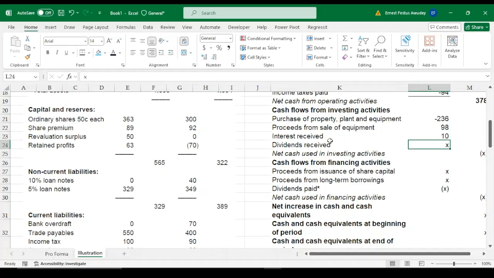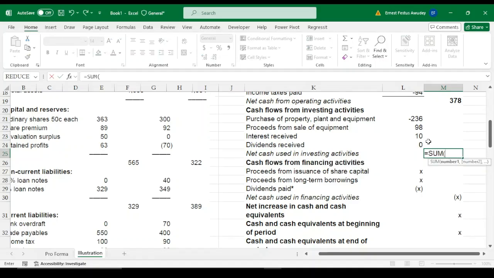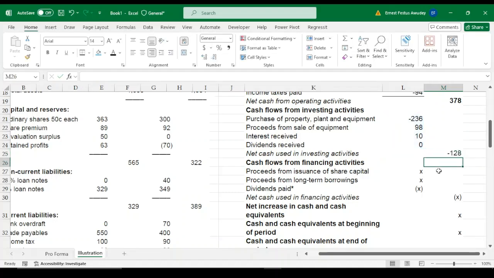We don't have any dividend received, so dividend received is 0. The addition of everything here gives me my net cash used in investing activities. So that's negative 128.